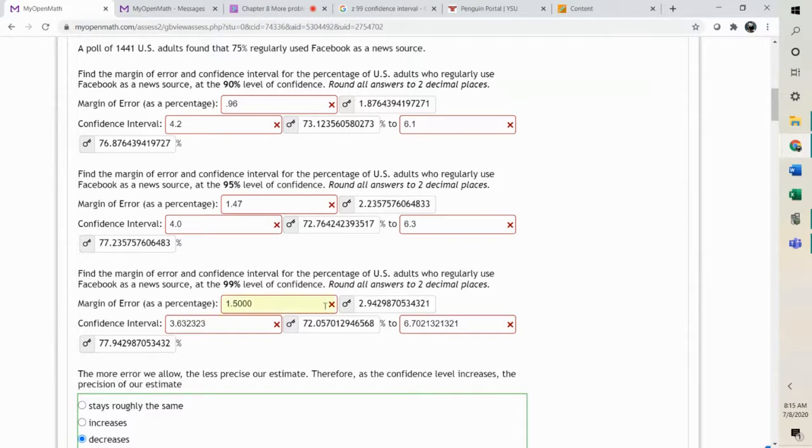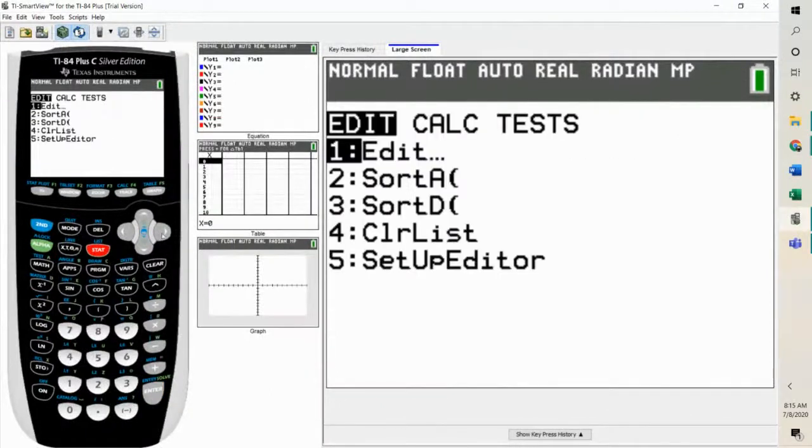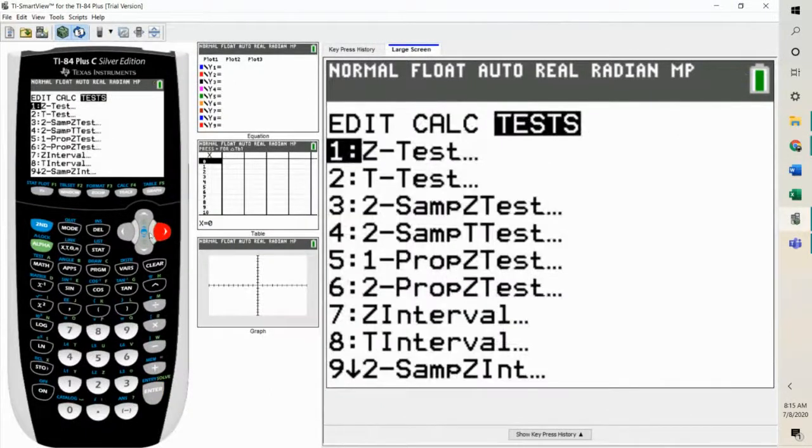So some of these going 2 decimal places may still be off. If we use the formula, like this one here was off a lot, and I'm not sure why. But when I use the formula, it comes out exact. But if we use the calculator, this one was 99%. So we go Stat, over to Test.